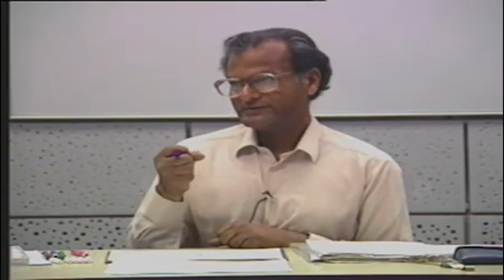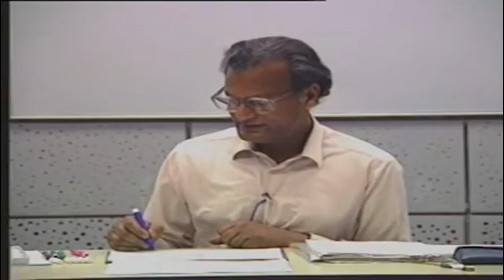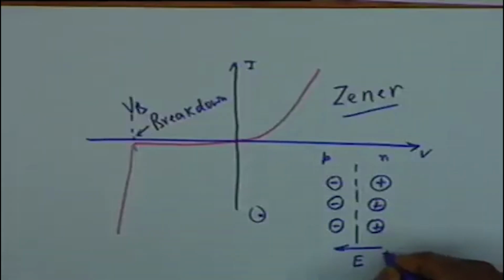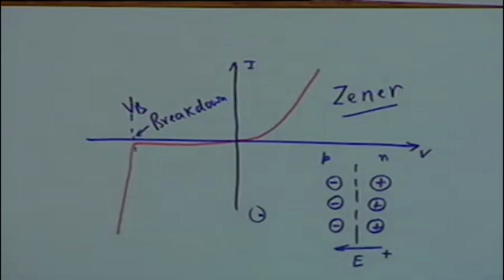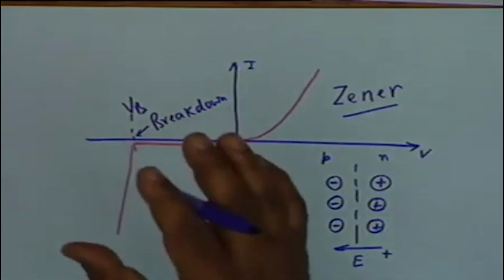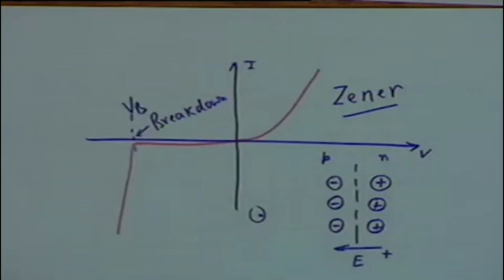the minority carriers come into play. For example, what are the minority carriers in the n-type region? Holes, thermally generated holes. These travel from the right side to the left side, and if the reverse voltage is high, they might acquire enough energy to set an electron free by colliding with a neutral atom.